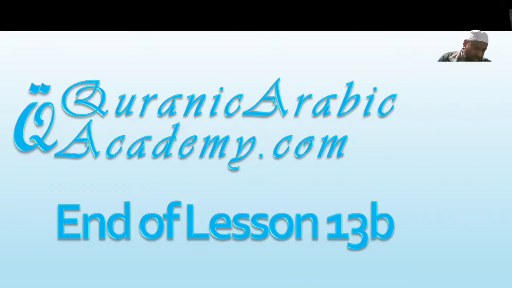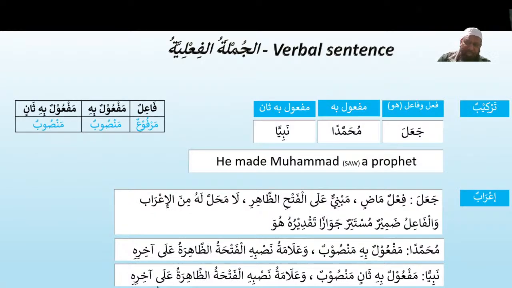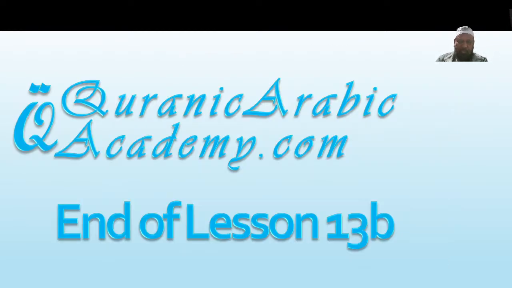So Alhamdulillah, this is the end of this lesson. So we've learned the two types of fa'il. Number one, fa'il can be ism zahir. That means the ism as the fa'il, and it is mentioned, it is visible.